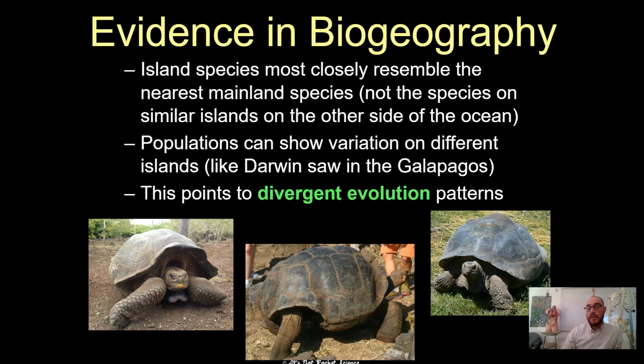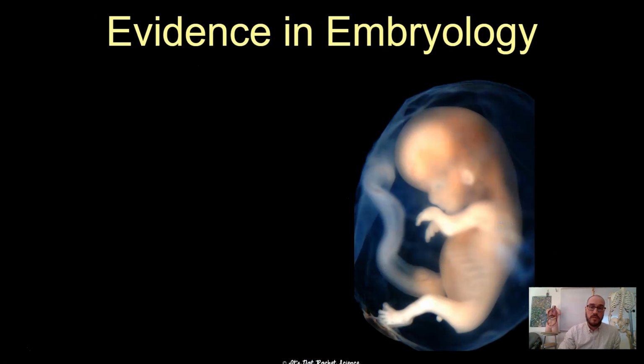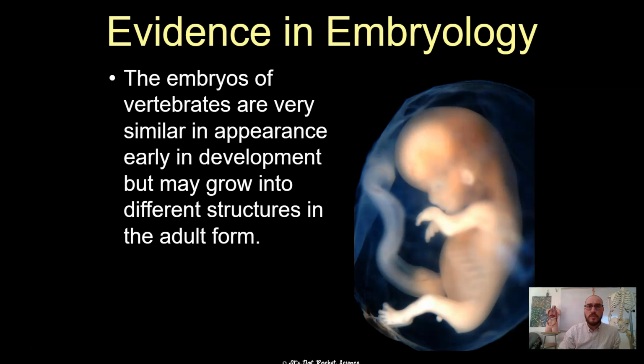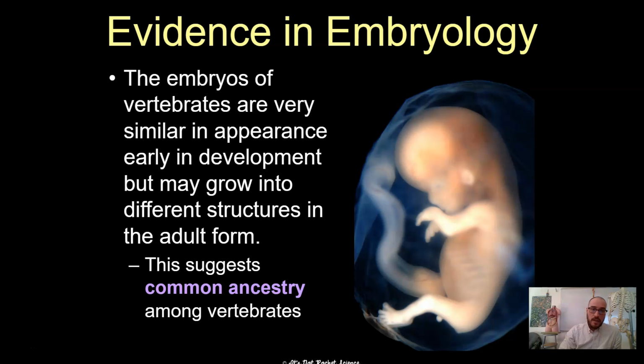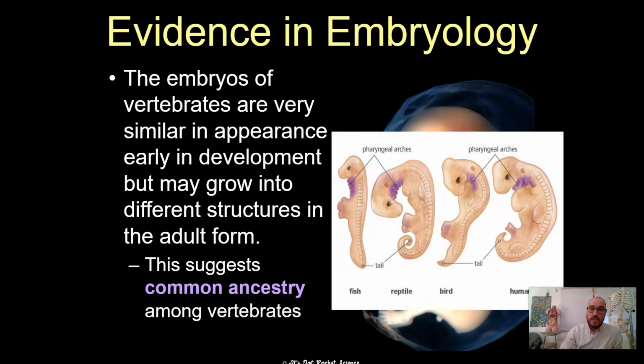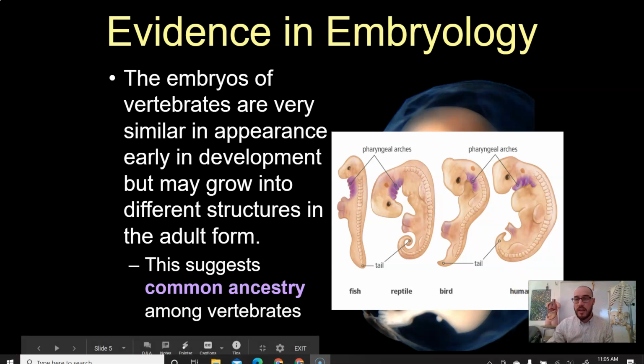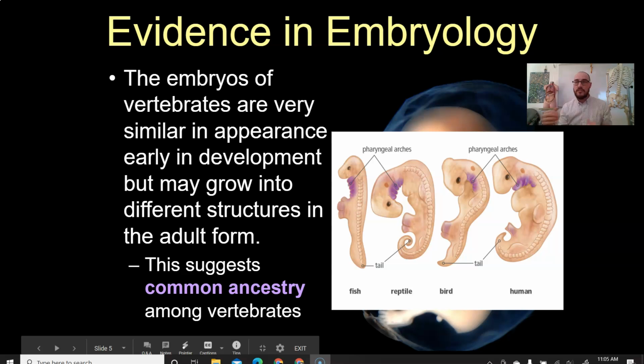You have everything from a koala to a kangaroo, all coming from the same original founding population of marsupials, which is pretty interesting. All right, what other evidence do we have? Embryology. So the embryos of vertebrates are very, very similar in appearance because they used to share a common ancestor, all right? So common ancestry is very obvious when you look at the embryological development of these totally different species, right?